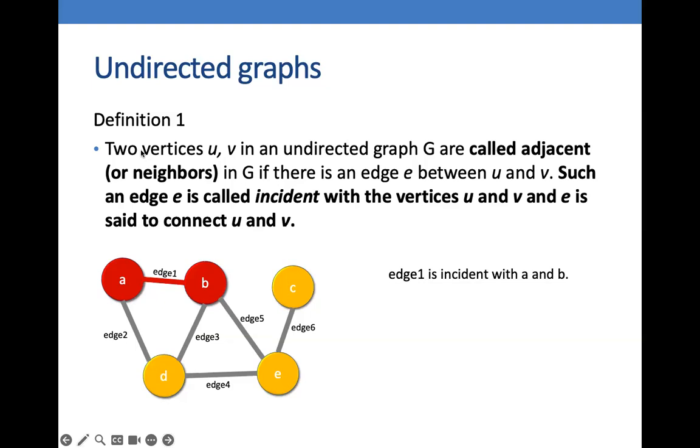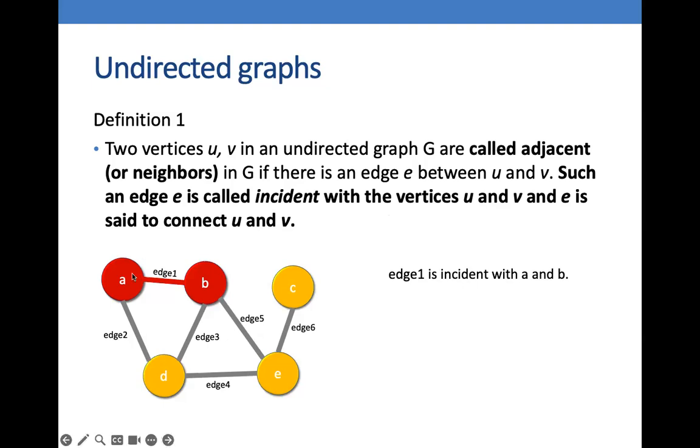So in the previous slides, we have discussed that if two vertices are connected, or if there is an edge between two vertices, we can call them adjacent. And we say that such an edge is called incident with the vertices that it connects.